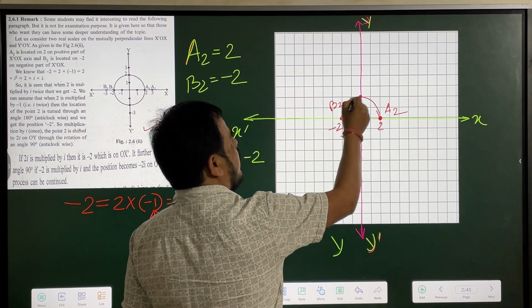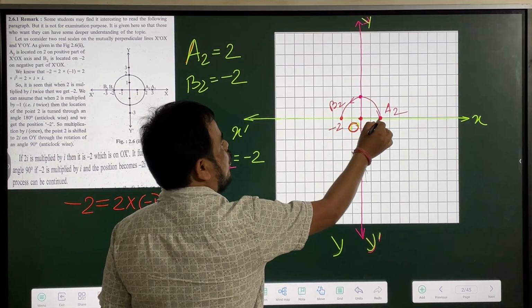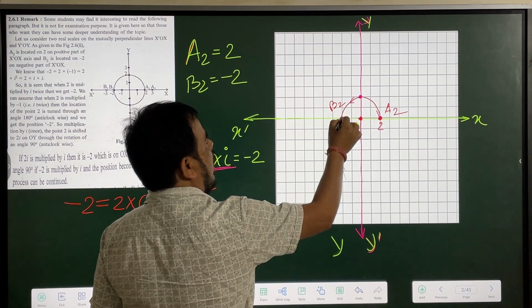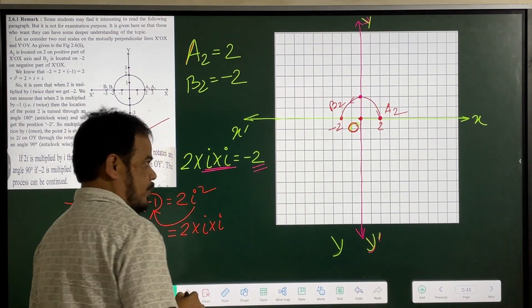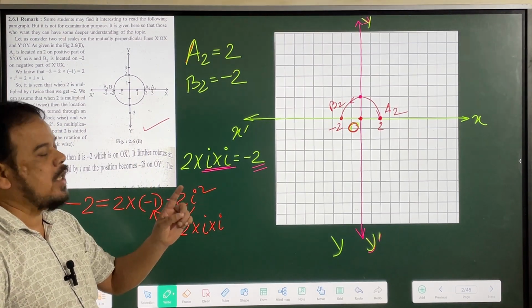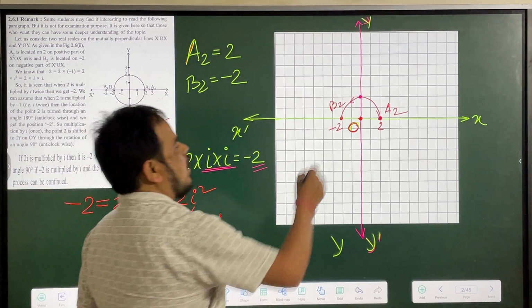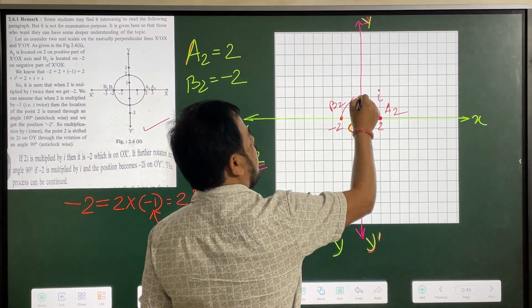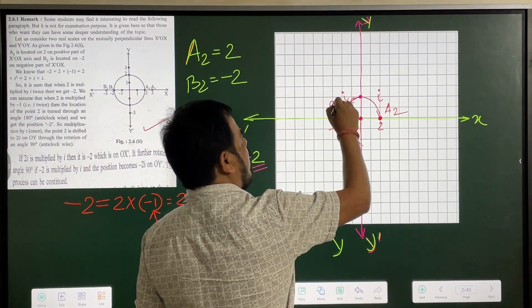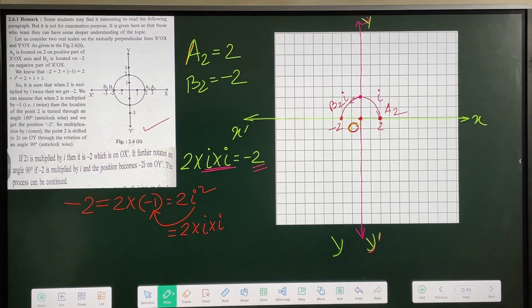That means here to here is 2 times i. If we multiply 2 by i two times, we get minus 2. Here to here i, and here to here i. Two times i multiplied gives minus 2. That is what is written here. That means what?